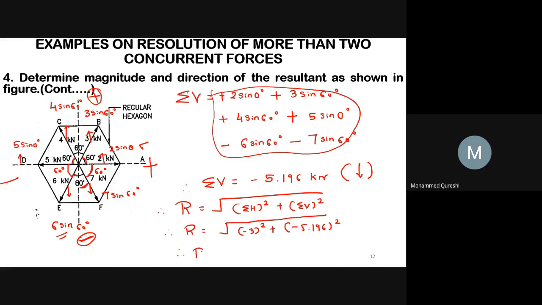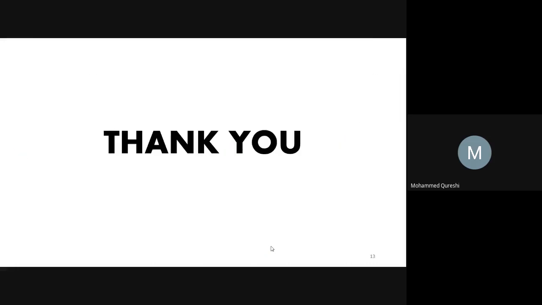So you will get the resultant as 6 kilonewton. Now we got the magnitude of the resultant force.